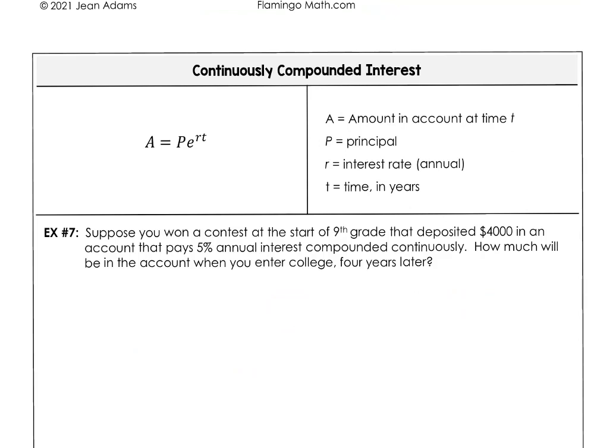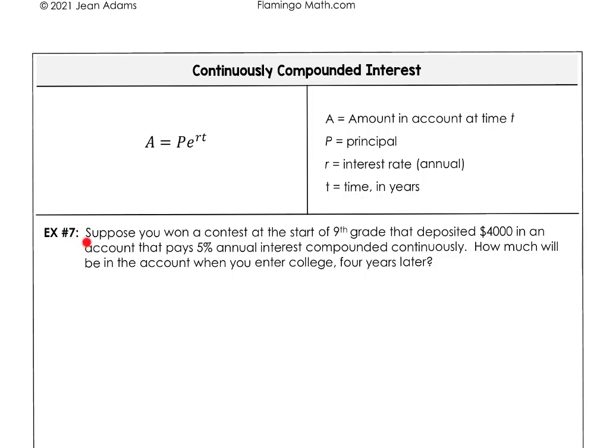Then our PERT formula, that's a famous formula for finding continuously compounded interest, compounded every second. So A is our amount at some time t, P is our initial investment or principal amount, R is the annual interest rate written as a percentage, and T is for the time in years.